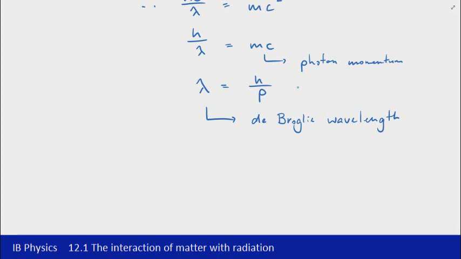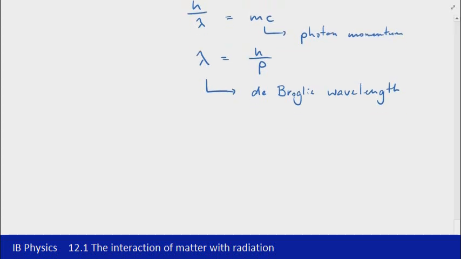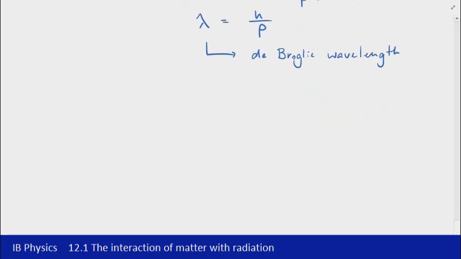So you typically can't observe the wave properties of particles, but if the particle is small enough, then it is possible to observe those wave properties. And in fact, in 1925, two scientists by the name of Davisson and Germer were able to confirm this idea of a de Broglie wavelength.